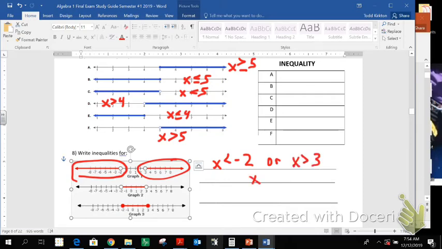This middle one, x is between two numbers. It's between 3 and it's between negative 2. Or you could write x is greater than negative 2 and x is less than 3. Last one, same kind, it's an and. It's between negative 2 and 3, only they're equal to those values. So again, you could write the two words out if you want.